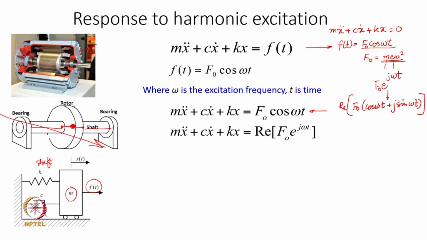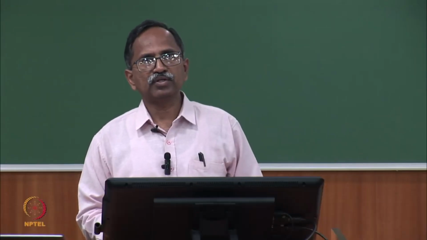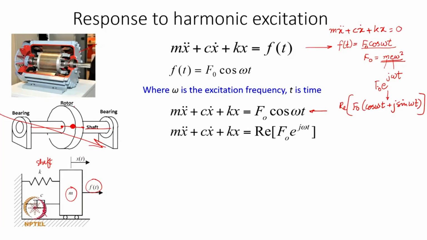Before we do that, a small assumption is involved here, as we have already discussed, that most of our vibratory systems vibrate with small amplitude of vibration. So, we assume small amplitudes of vibration, and it also implies another assumption, that the system is linear.